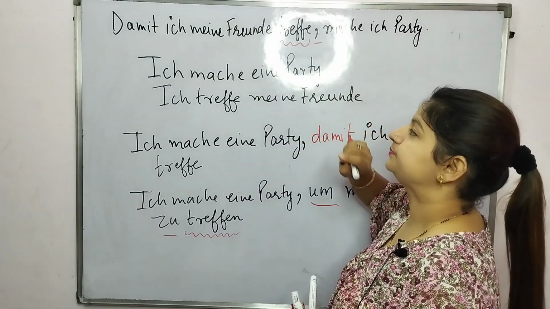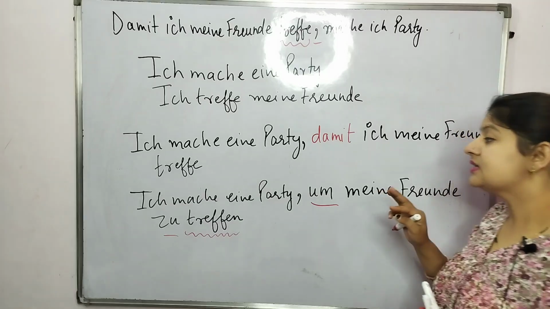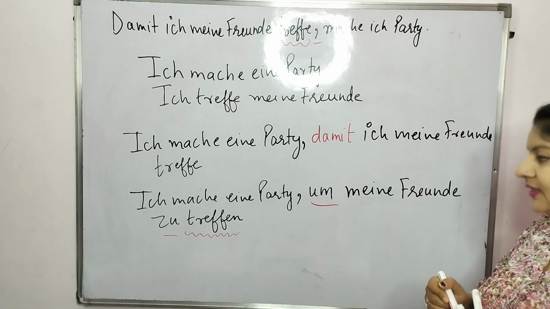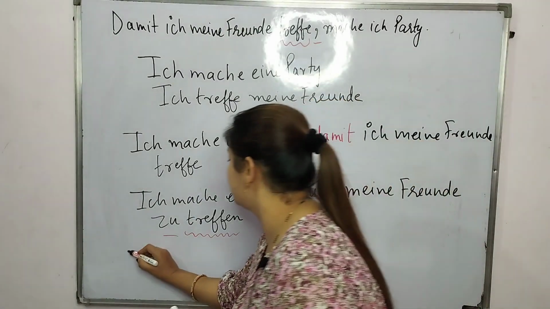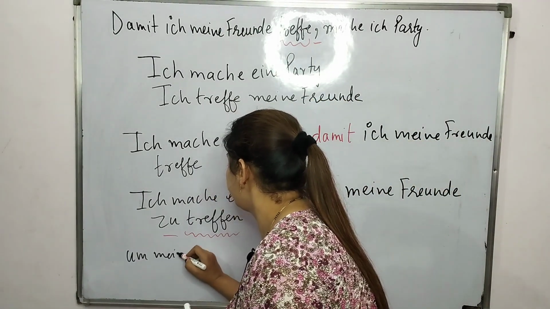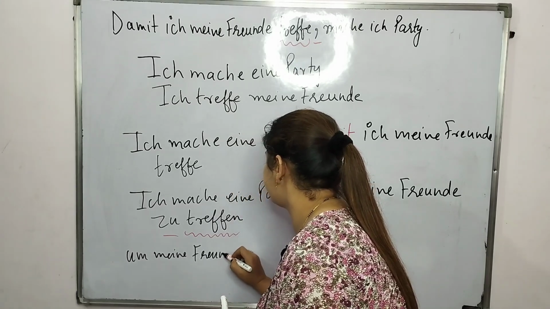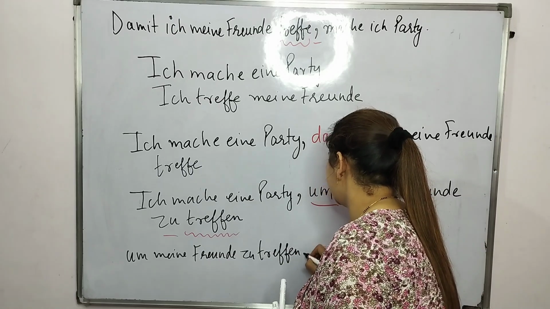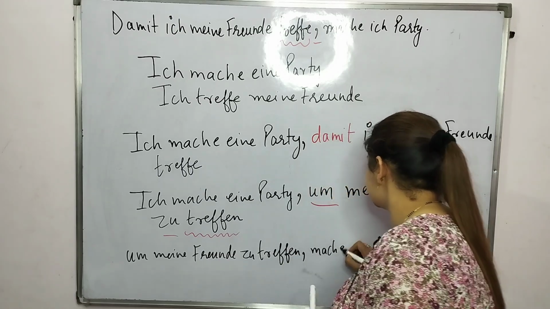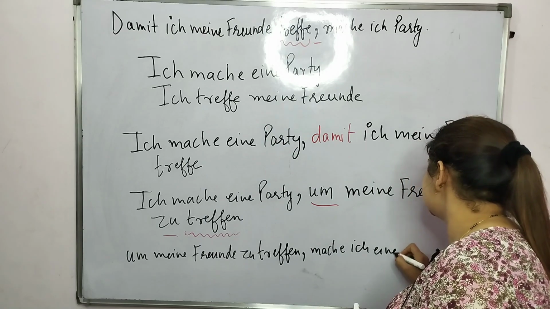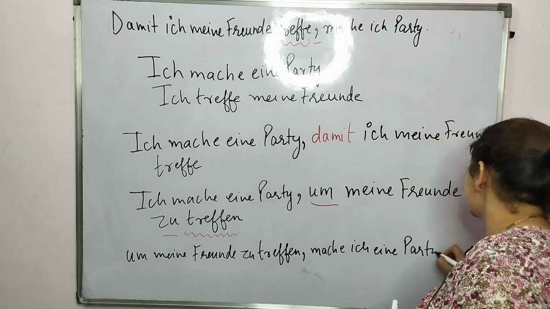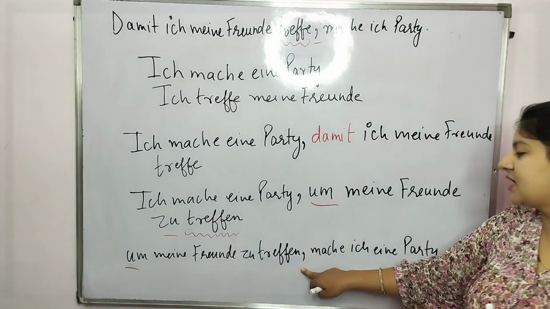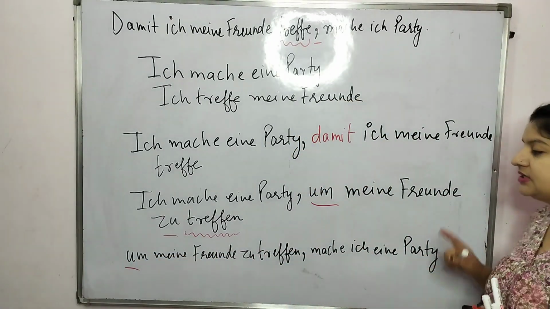Mache ich eine Party. Similarly, we can also start our sentence with um zu. In that case the sentence is: Meine Freunde zu treffen, mache ich eine Party.